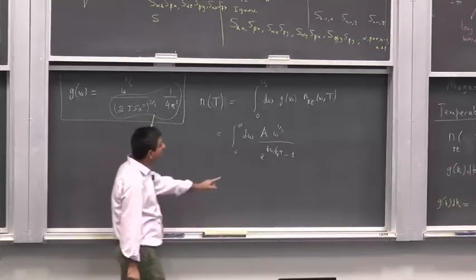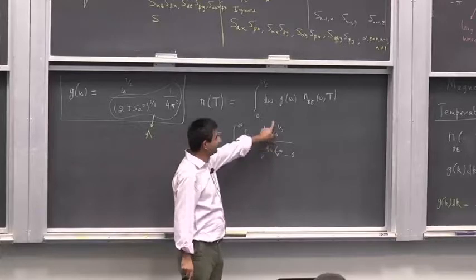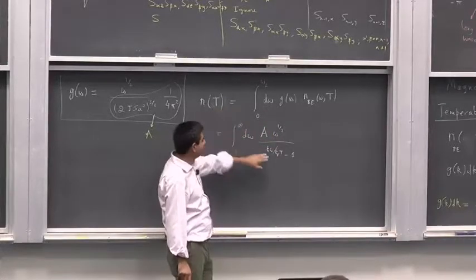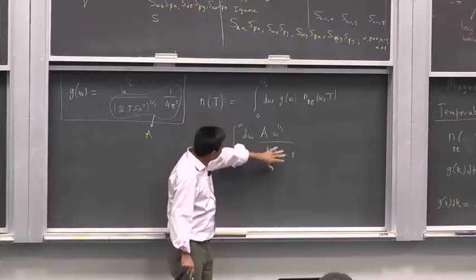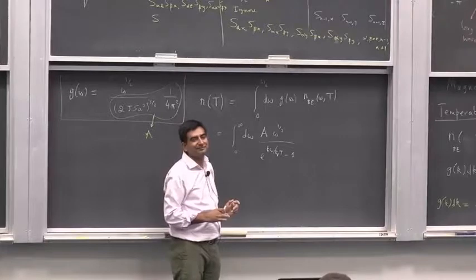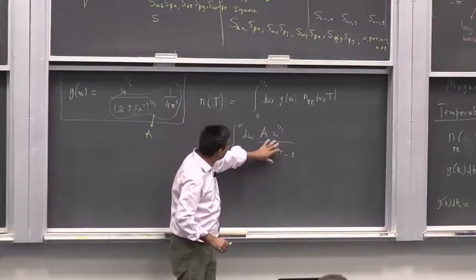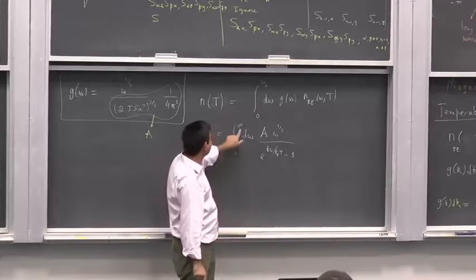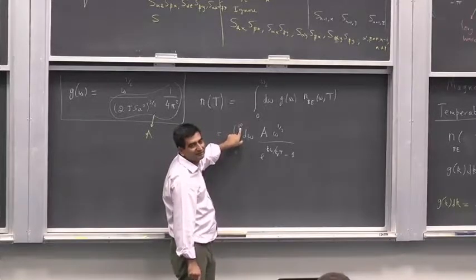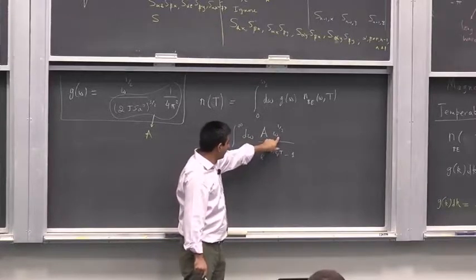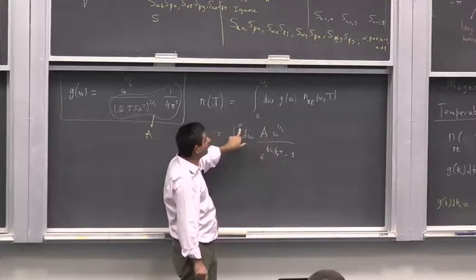Now if omega goes up, this thing goes up, which means I'm at the upper limits of this integral. 1 over this factor goes really, really small. Correct? So when 1 over this factor goes really, really small, then I can take the upper limit to be infinity, because this variable is being multiplied by a really small number for large values of omega.